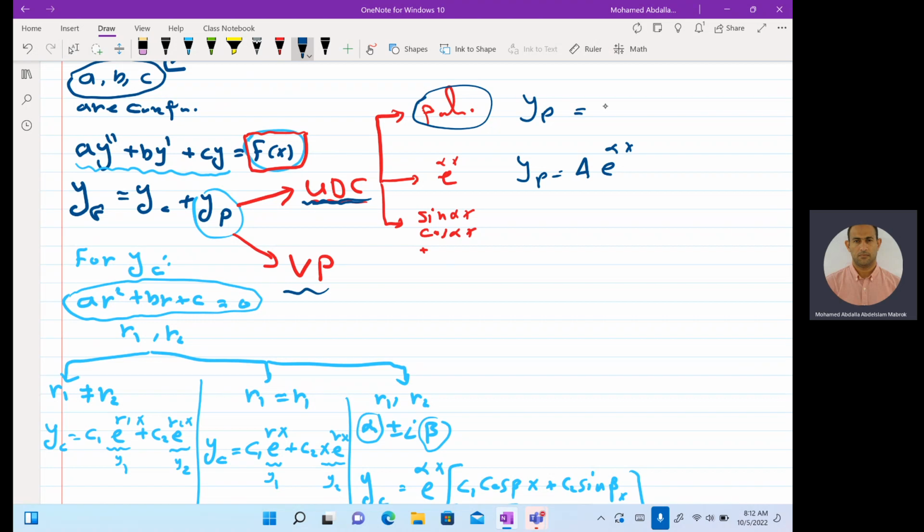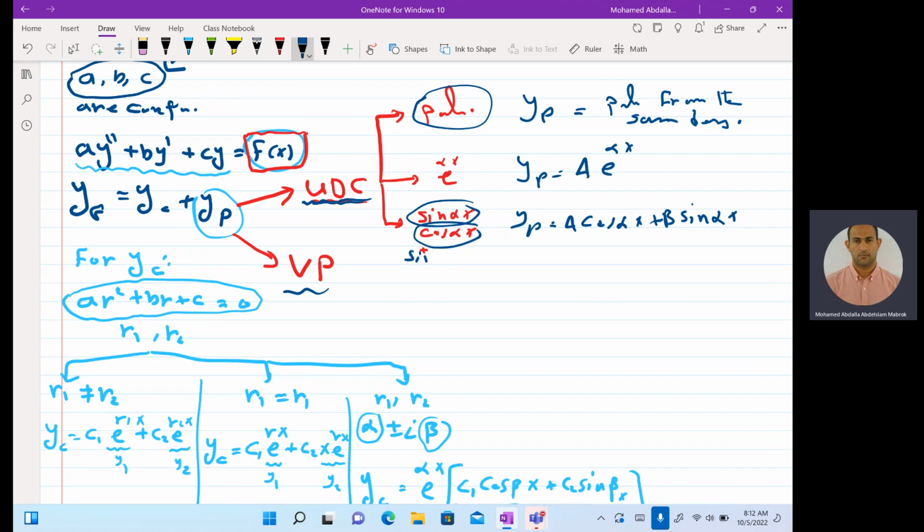Here, yp is a cosine alpha x plus b sine alpha x, regardless of whether you have sine alone, cosine alone, or sine plus or minus cosine. It's always like that.